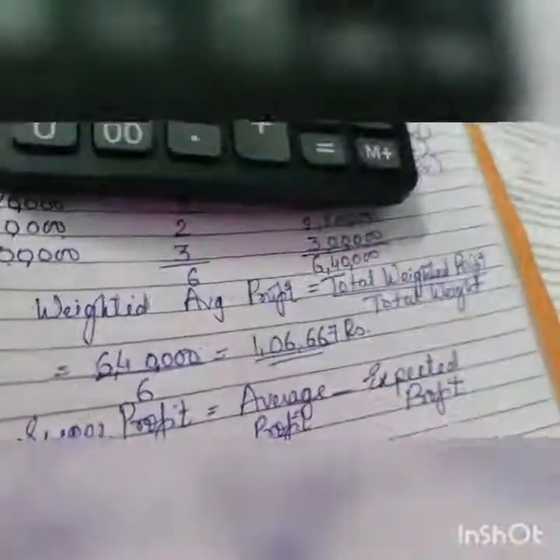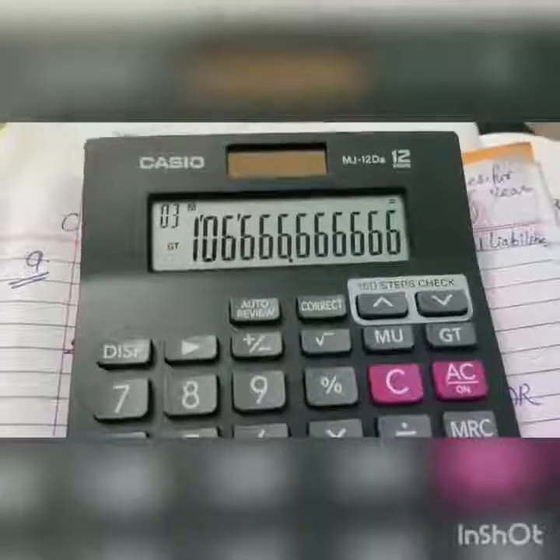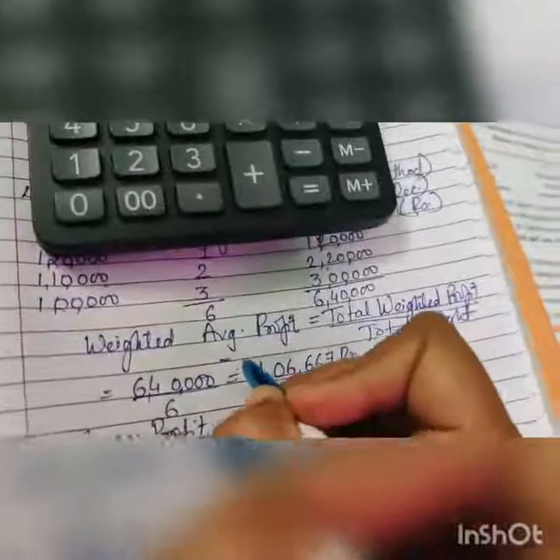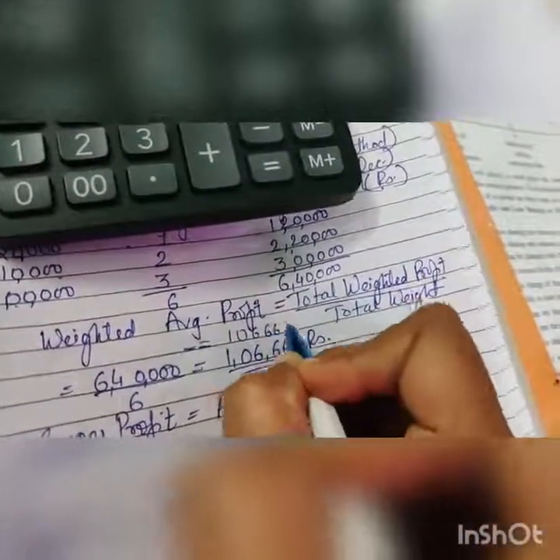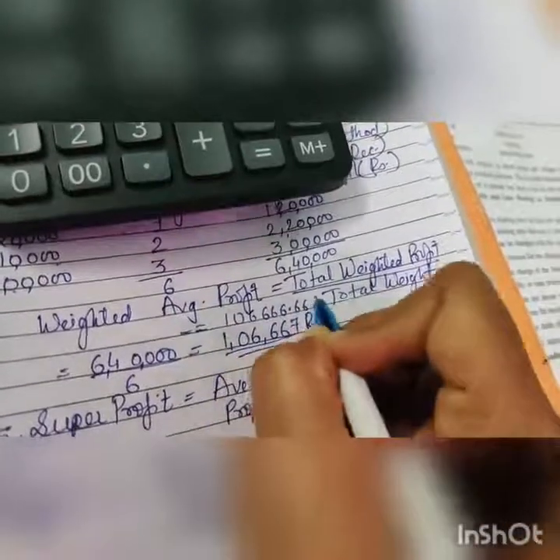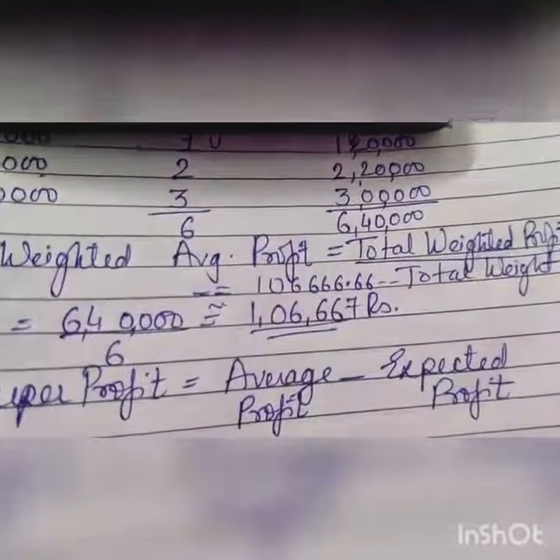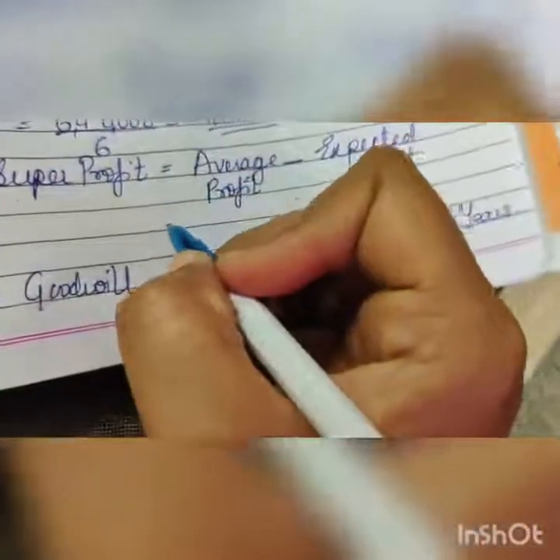You can round it into a round figure, or if you want to show it, you can show it like this. The answer was 1,06,666.66, so like this it is going. Approximately we can write it as 1,06,667.